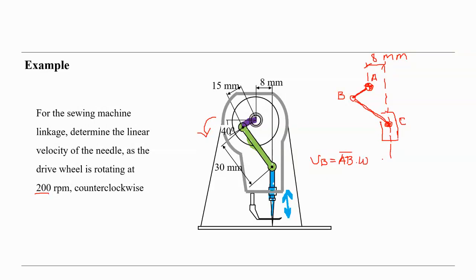Omega we can calculate, RPM is given already for the crankshaft.